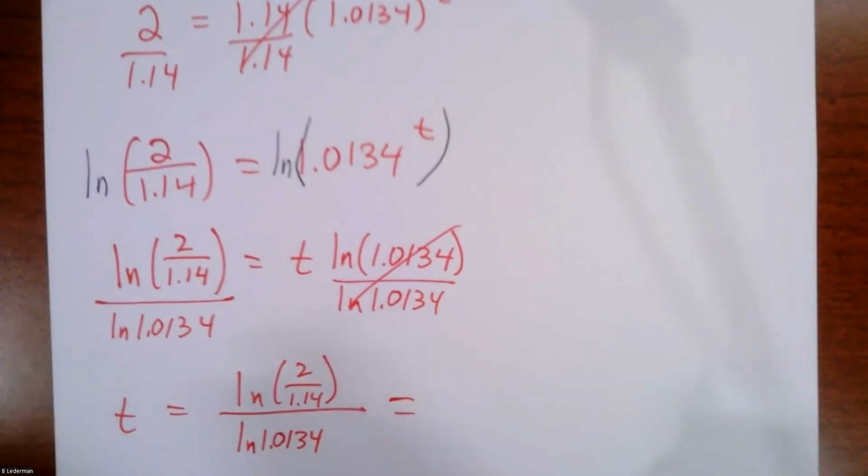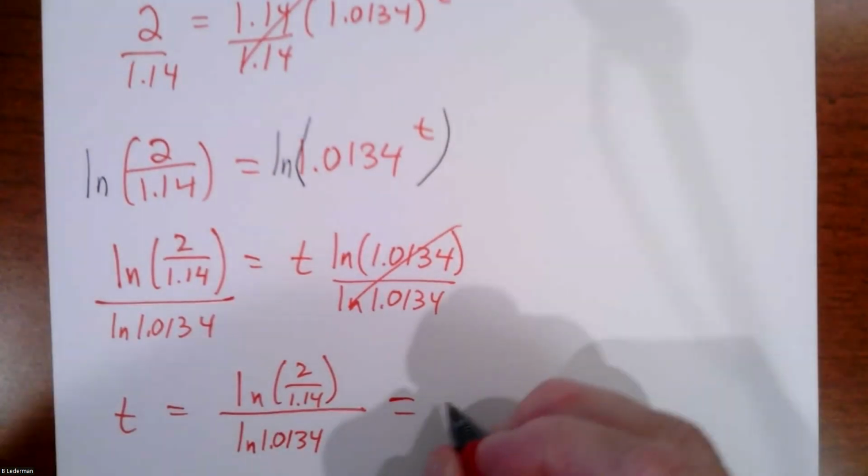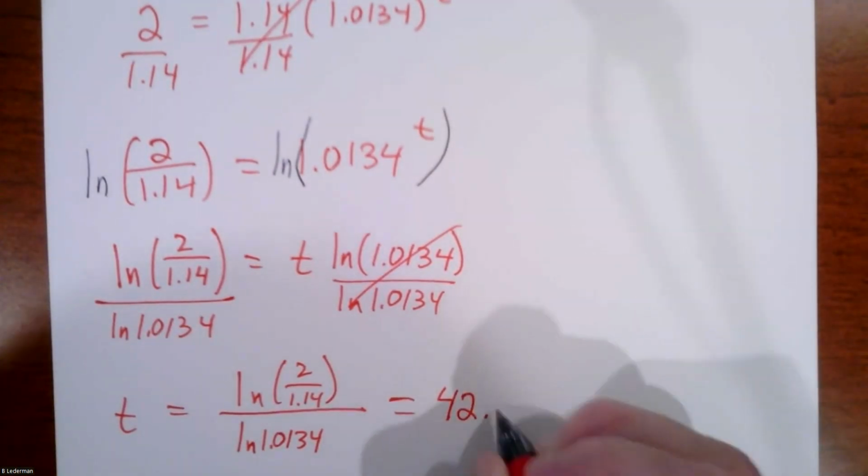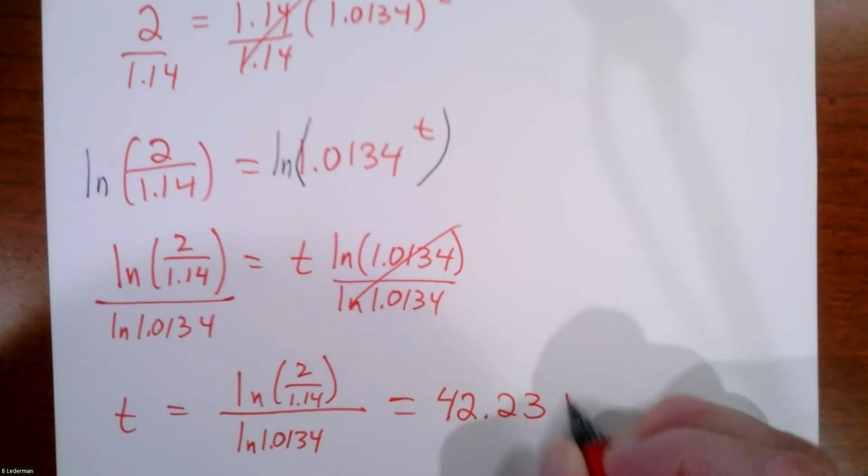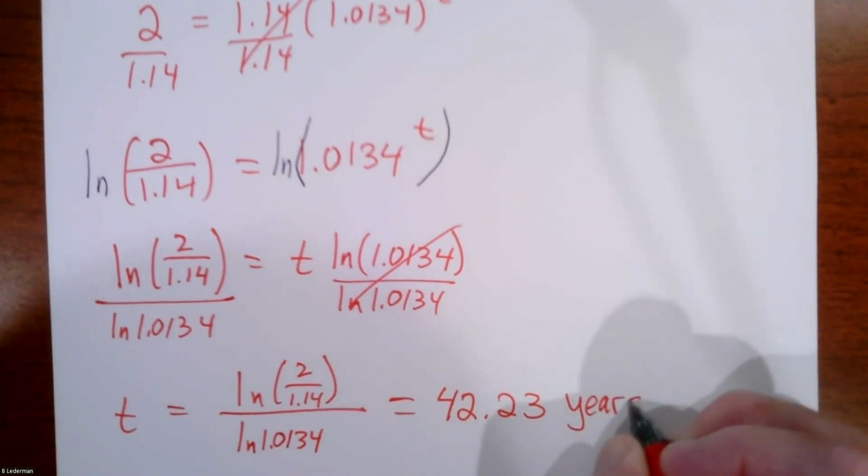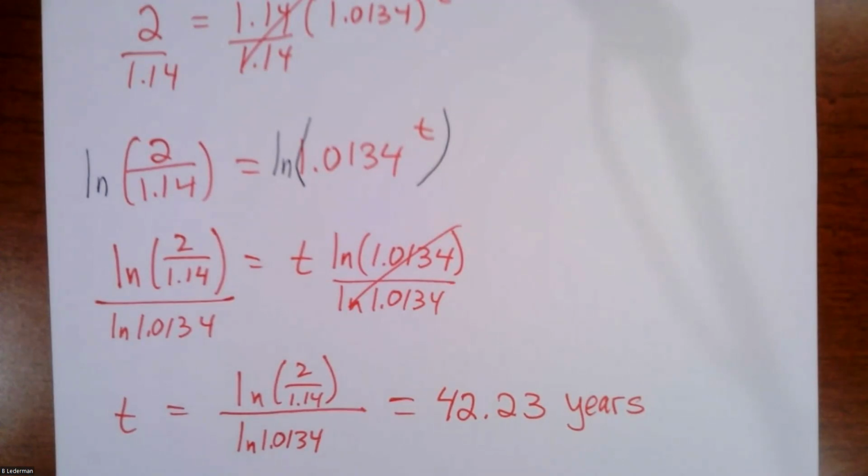And you crunch it into your calculator, you should get approximately 42.23 years. So it should take about 42 years to reach 2 billion people.